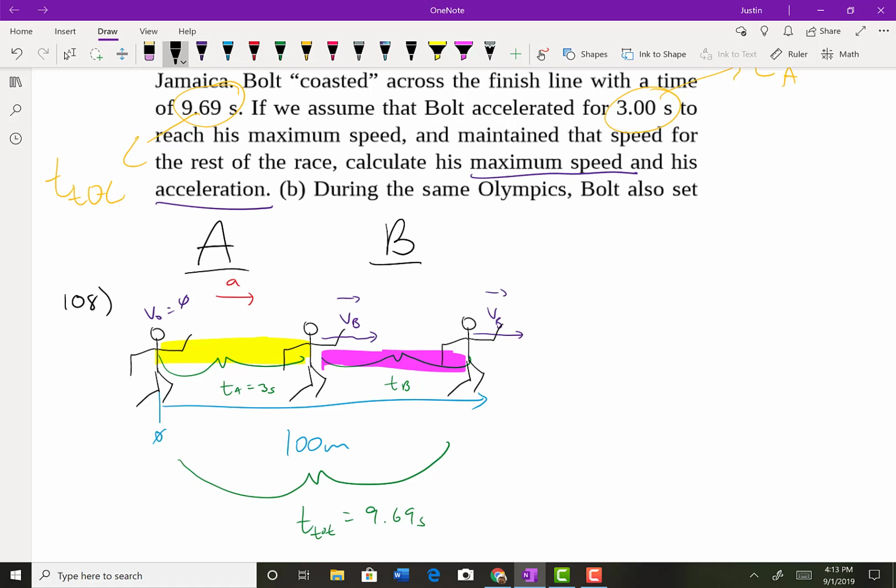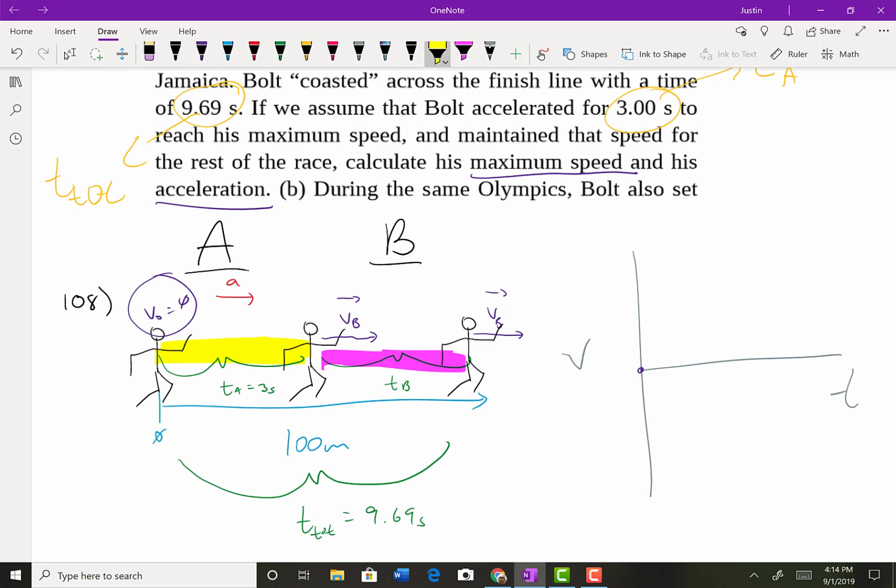Now, before we get into anything, let's draw a velocity versus time graph and see what that might look like. At first, Usain Bolt's velocity is going to be 0, so he's going to be here. And then we know he is accelerating uniformly for the first part.